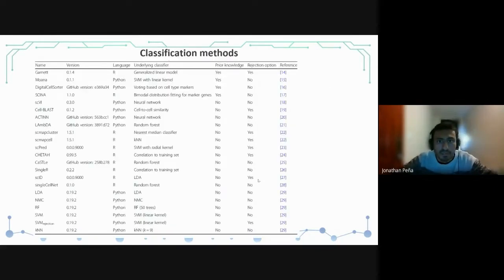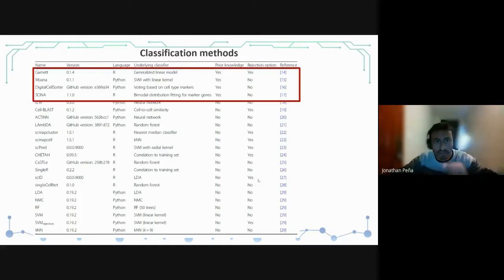The classification methods that they used were divided into categories. One category was the prior knowledge methods, for which either a marker gene file is required as an input or a pre-trained classifier for a specific cell population.